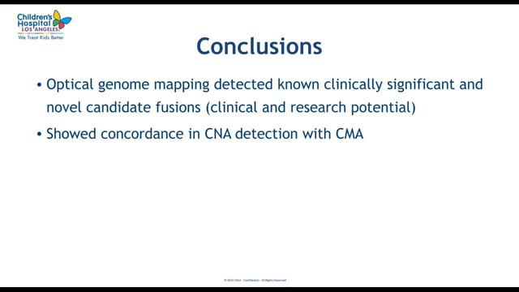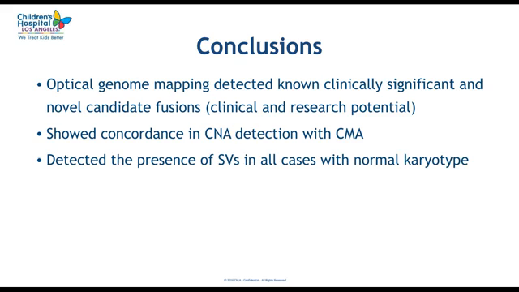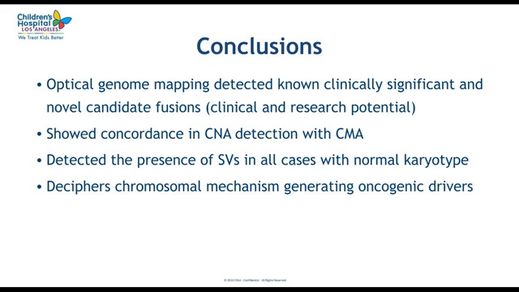It showed very nice concordance with chromosomal microarrays in detection of copy number abnormalities genome-wide, and detected the presence of structural variants in all the cases with normal karyotype and in almost all the cases that we included in our study. And finally, it allows us to decipher chromosomal mechanisms that generate oncogenic drivers in contrast to RNA-seq and fusion detection from RNA.